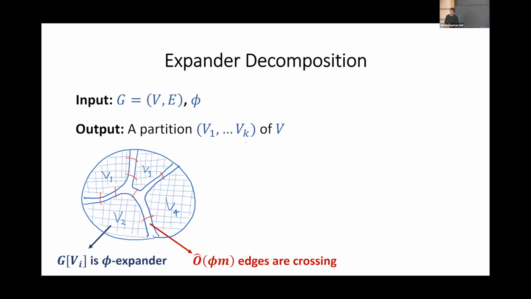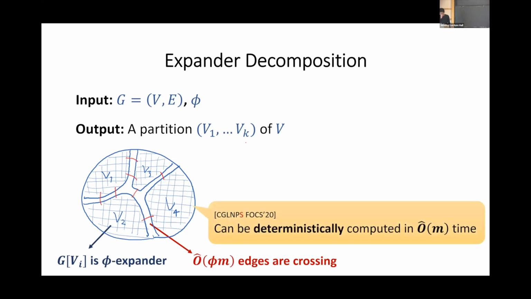But now if you talk about fast algorithms to compute expander decomposition, it turns out that you can do it too. What we show is that you can compute this expander decomposition, but now with a relaxation: instead of just log n, I pay some subpolynomial factor.